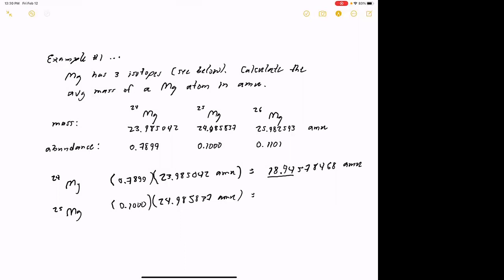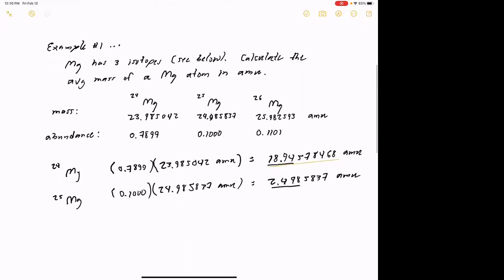And work that out to get 2.4985837. Again, taking way more digits than I'm going to need. Again, I'm going to be limited to 4 sig figs. So that's going to take me all the way out to the 8 there in the thousandths place.